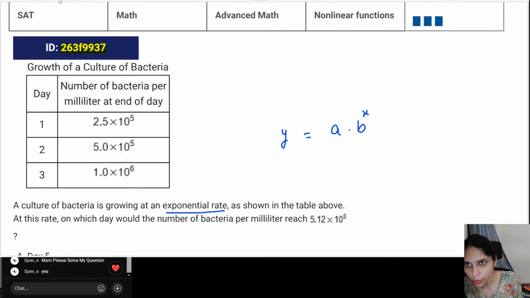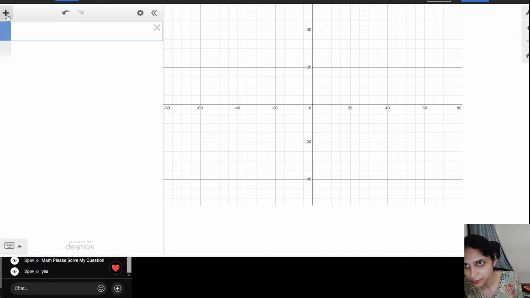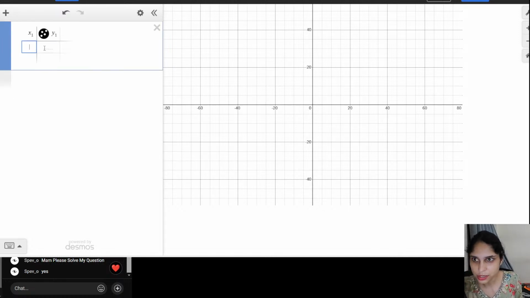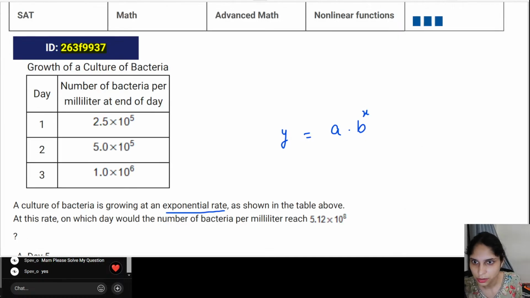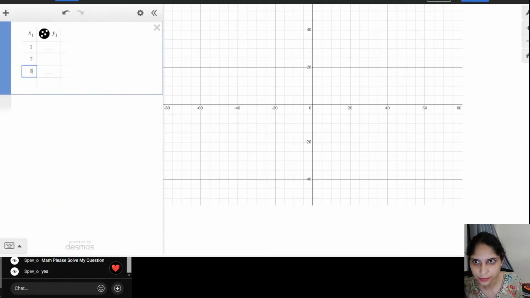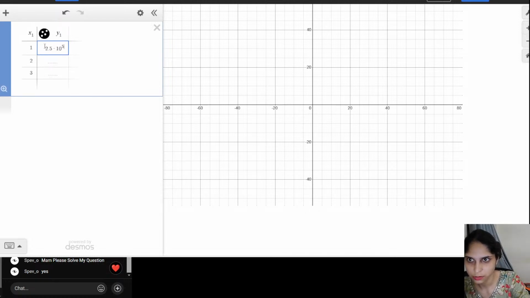So for exponential rate, your equation is y is equal to a times b to the power x. In Desmos modeling, you will go to Desmos, make the table, and write all these values: 1, 2, 3, 2.5 times 10 to the power 5, then 5 times 10 to the power 5.